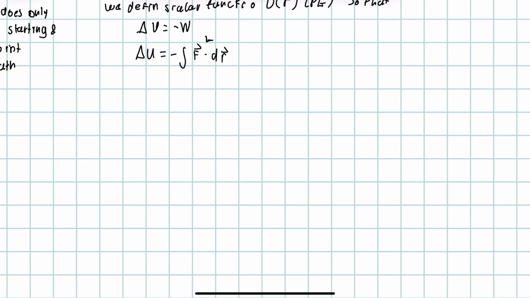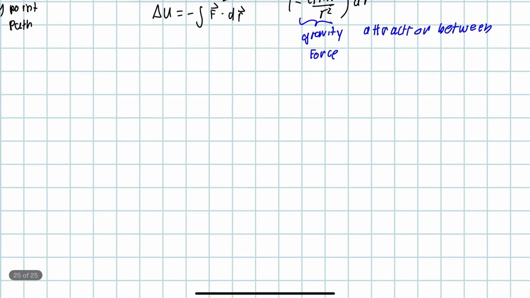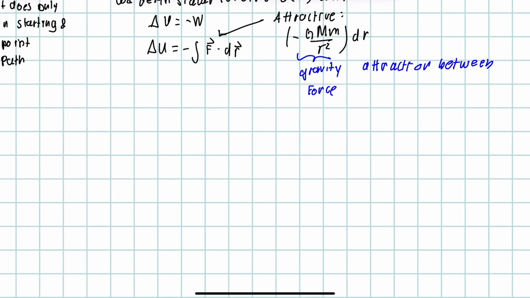And then we're going to plug in, and because the force is attractive, we're going to use negative G m M over r squared times dr. Basically, gravity is just the attraction between forces. When you're feeling gravity, you're feeling the attraction between Earth and you. It's pulling you down.